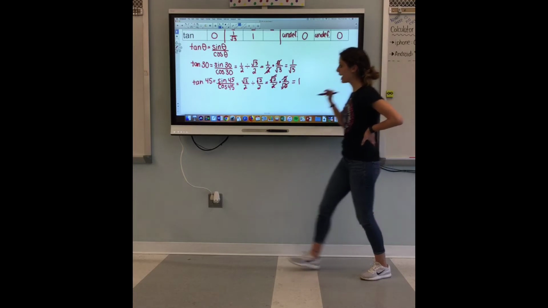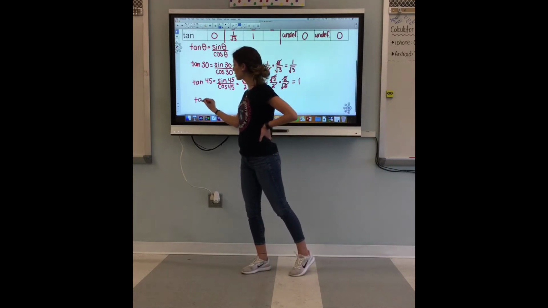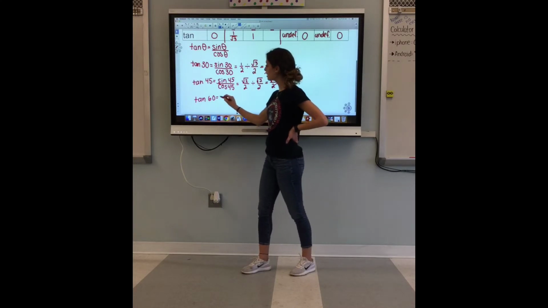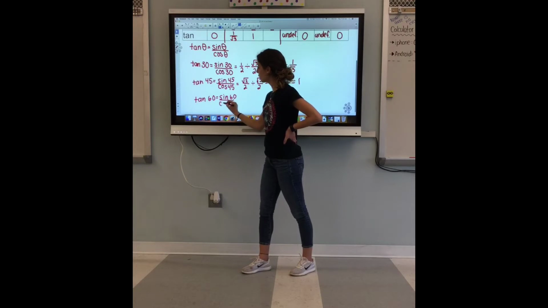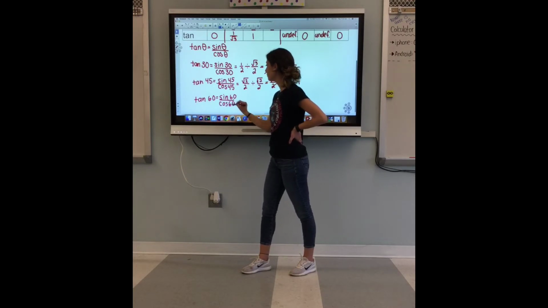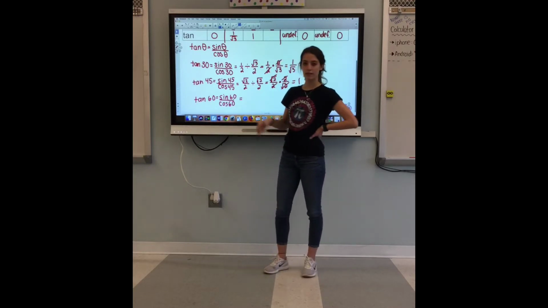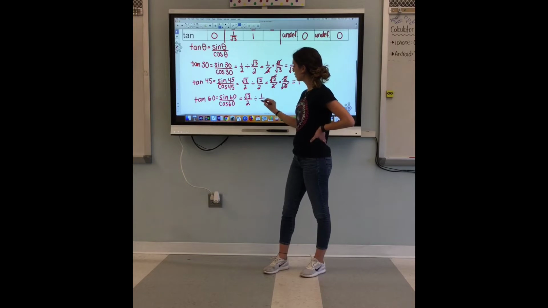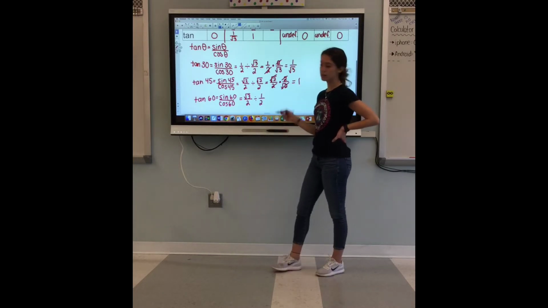We have one last one to do, which is the tangent of 60. So the tangent of 60 is the sine of 60 over the cosine of 60. The sine of 60 was radical 3 over 2. The cosine of 60 was 1 over 2. Keep, change, flip.